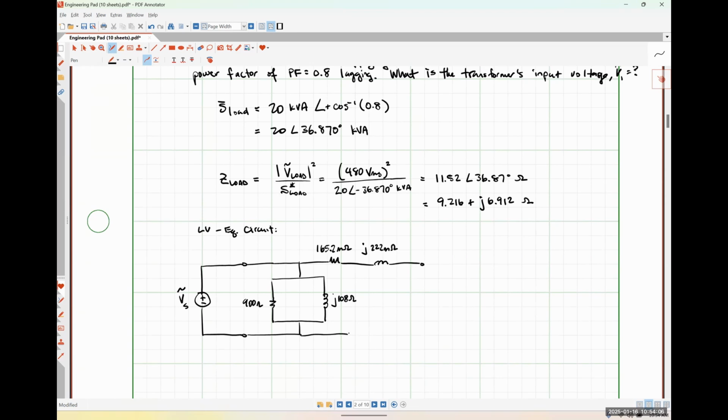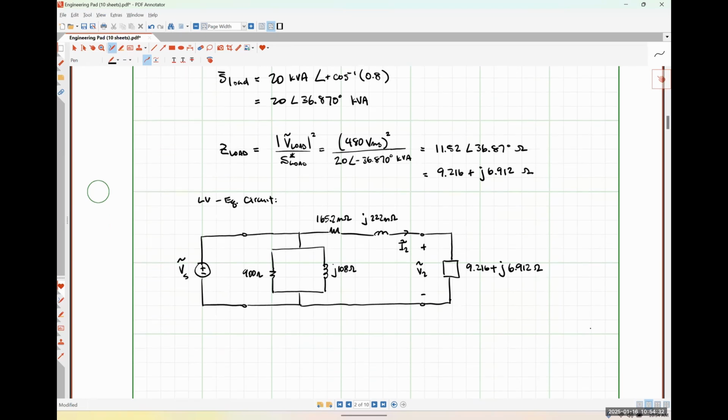There's the secondary terminals of my transformer. And now I have my load impedance, which we just found was 9.216 plus j6.912 ohms.